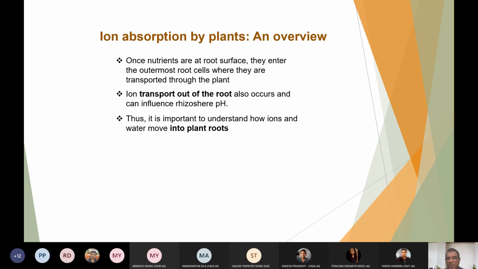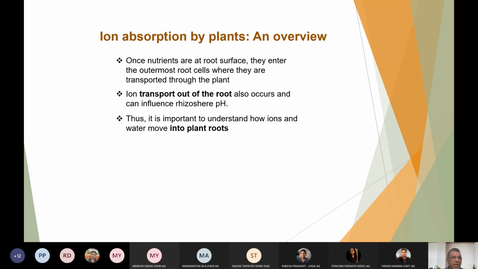Now, one part is over. Now the nutrients are reaching the plant roots. They have come to the plant roots by diffusion, contact exchange or mass flow. Now they want to make their entry into the plant, so that the plant will get food. These nutrients are the food material of the plant.